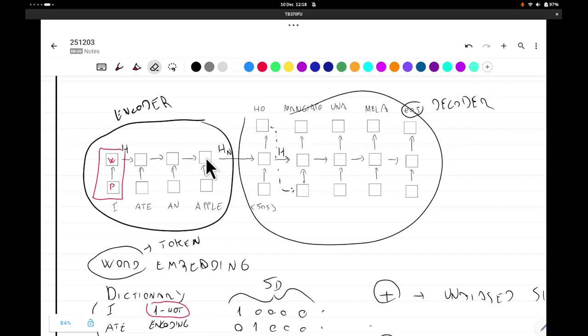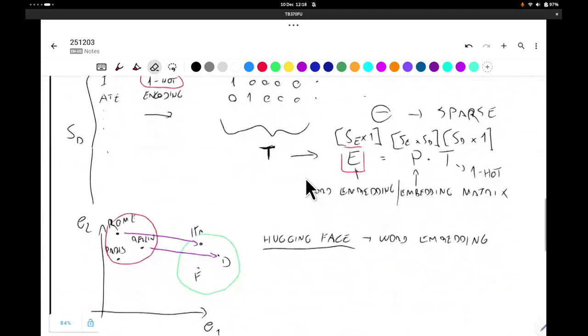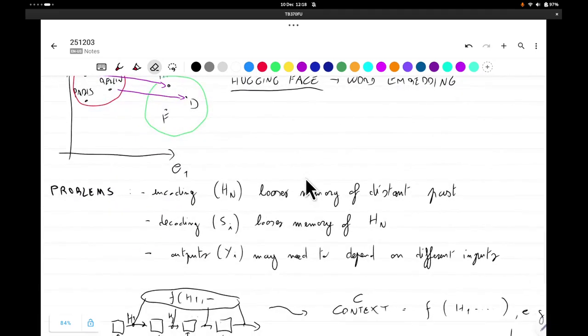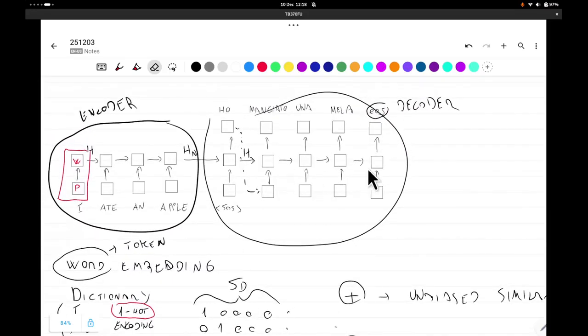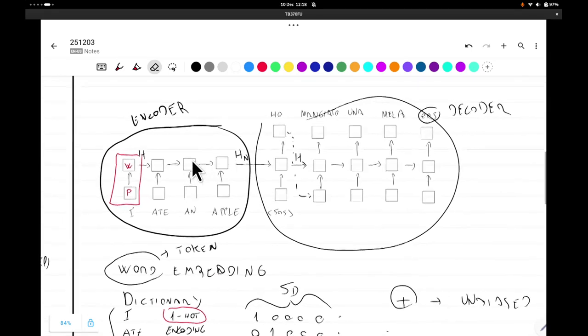Then the other problem is that the decoding will lose memory of this initial state. Okay, no, the other way around, sorry. This is what I said now.